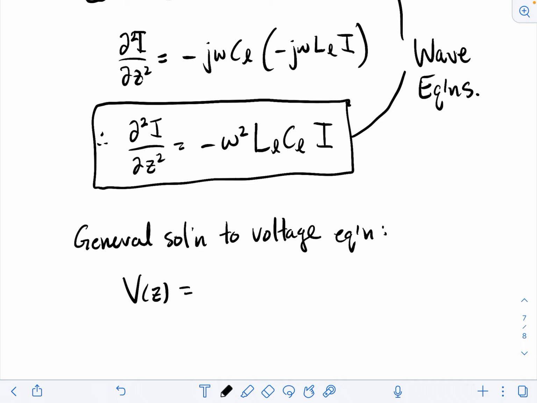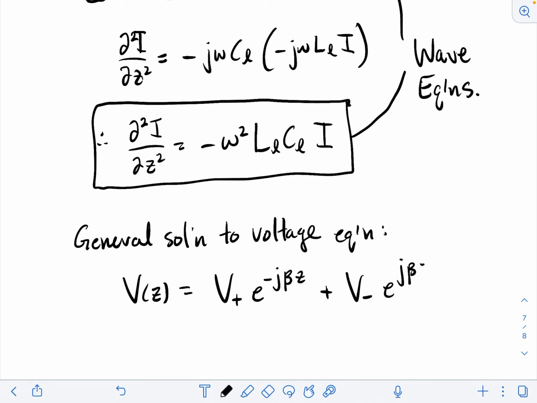It is equal to some coefficient that I'm going to write as V plus, e to the minus j beta z, where beta is some constant, plus some other coefficient. I'm going to choose V minus for that coefficient, e to the plus j beta z. We'll see why I chose V plus in just a few moments.